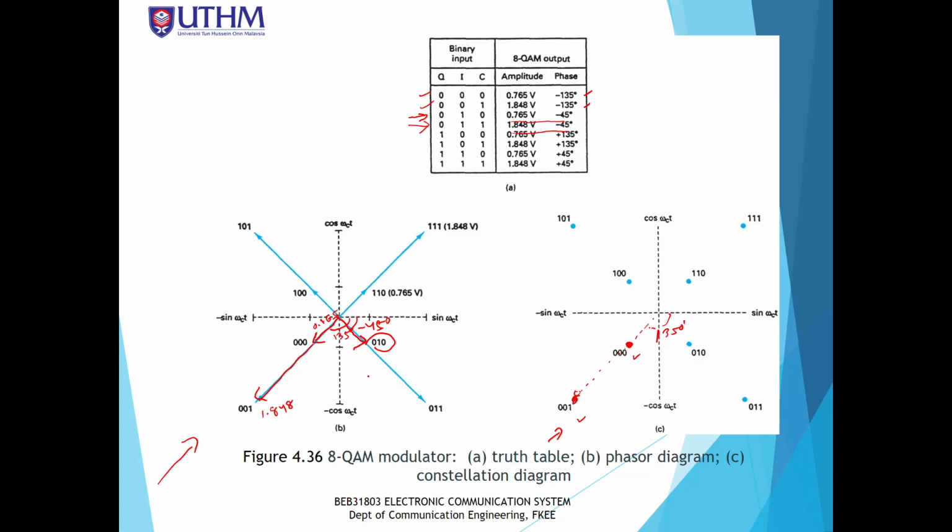And for the fourth input over here, because it is different in terms of amplitude, this is 0.765 and this is 1.848. Similar with the constellation diagram on the right, this is 0 0 1 0, again 45 degrees, minus 45 degrees. And another one is here for the fourth input, 0 0 1 1.